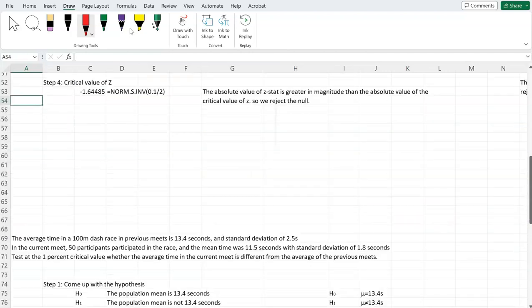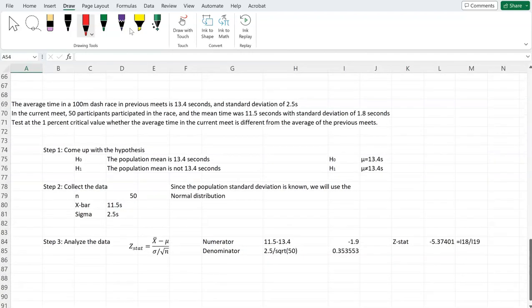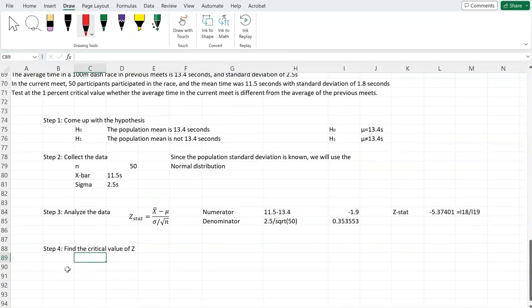The question may also come as asking you to test it at 1%. So again, everything else remains the same, just at the time of coming up with the critical value. So in step 4, my critical value at 1% for a two-tailed test is going to be negative 2.57 and 2.57.